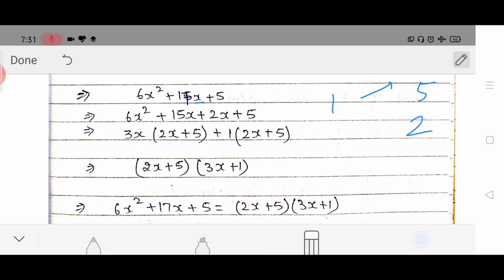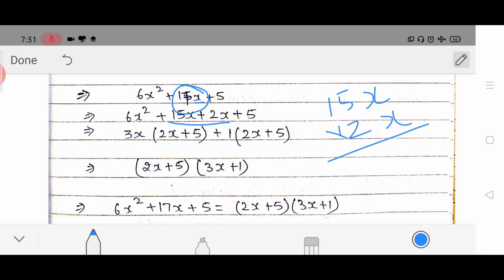Now as you can see, 15x plus 2x is 17x, and if you multiply 15x into 2x, you get 30x square. Here the first term is 6x square, the last term is 5, 6 into 5 is 30 and the coefficient is x square. So our condition of multiplication is also fulfilled.